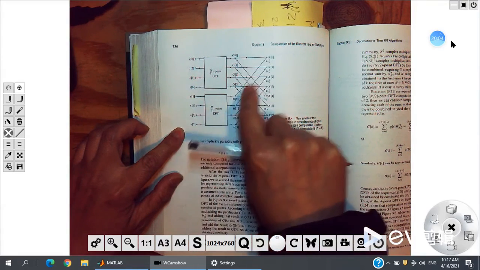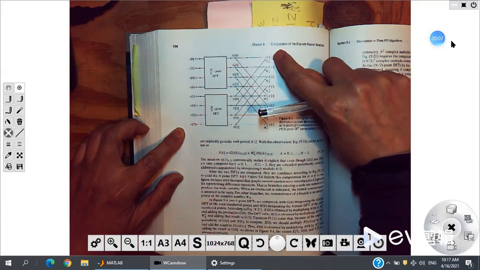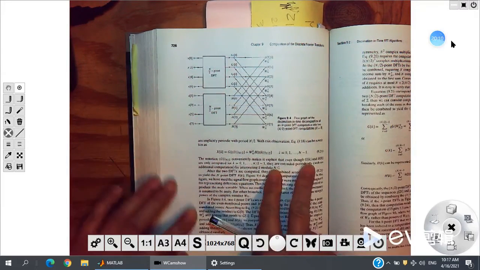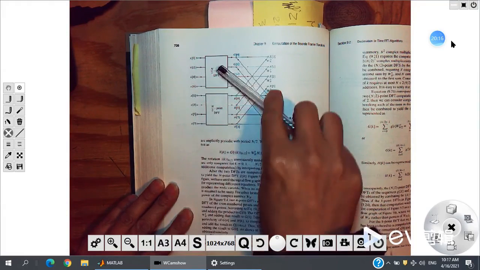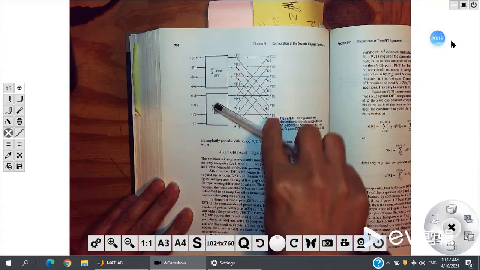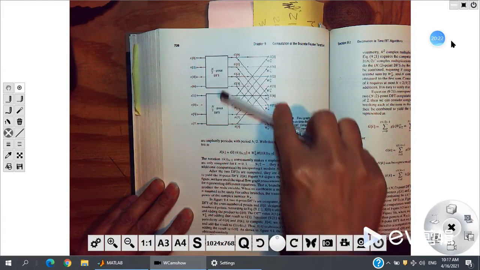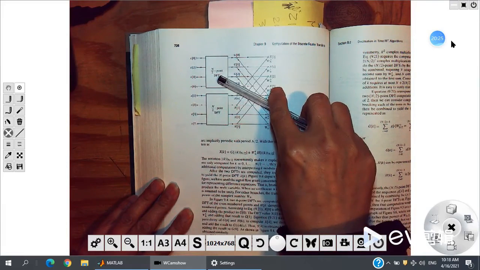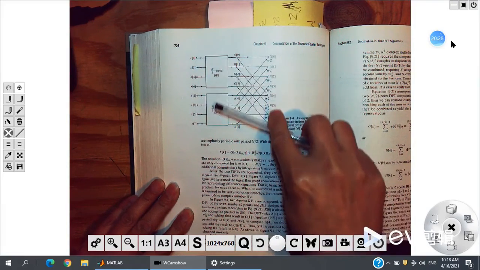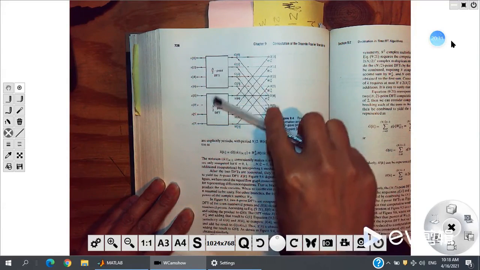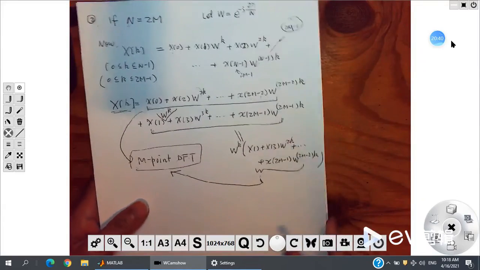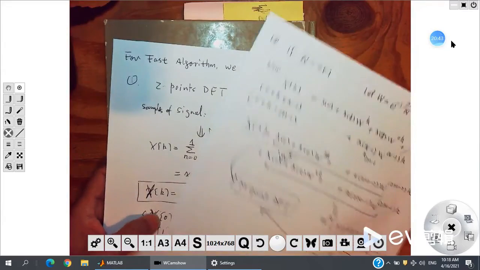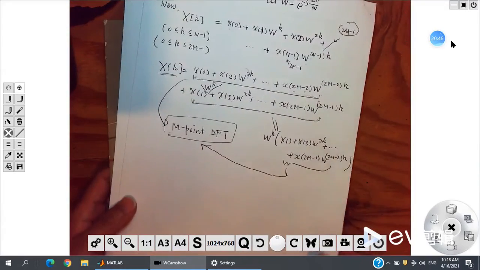Then the results are combined together and you get the final result. So in this way, an 8-point DFT can be realized as two half-size, 4-point DFTs. And each 4-point DFT can be separated into two 2-point DFTs. For a 2-point DFT, you only have summation and subtraction. So this can save a lot of time. Right? Okay.